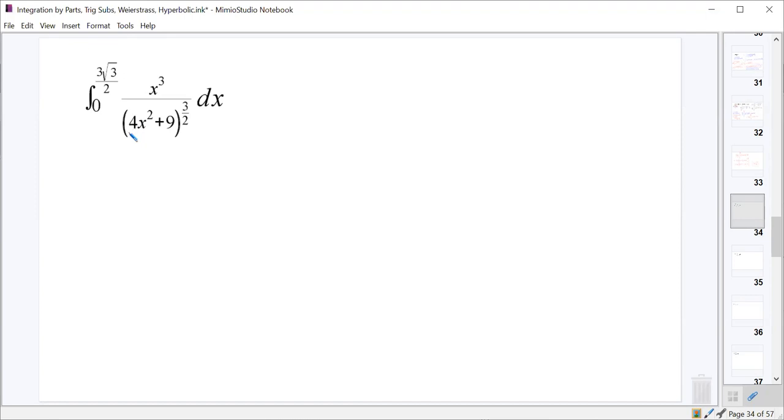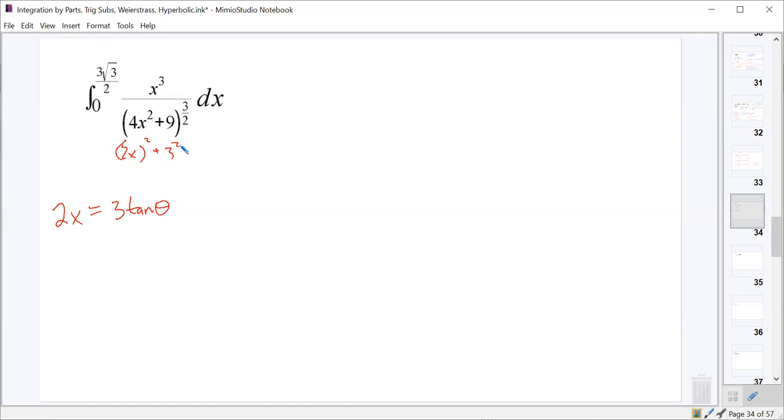But it's 4x squared, so I can't let x equal 3 tangent theta. I have to let 2x equal 3 tangent theta, because this effectively is 2x squared plus 3 squared.